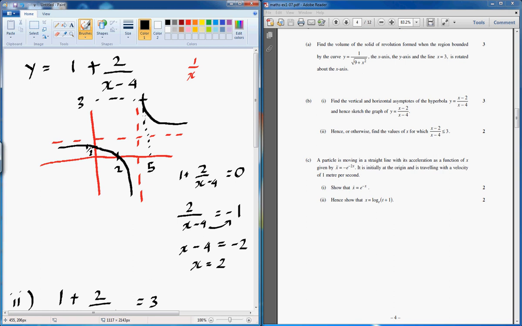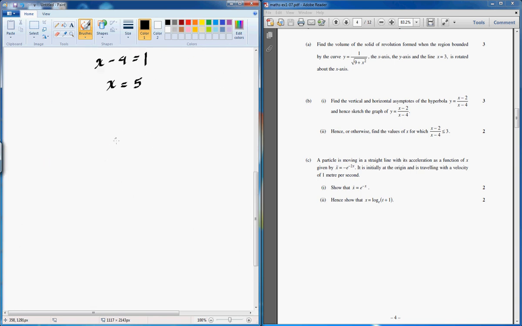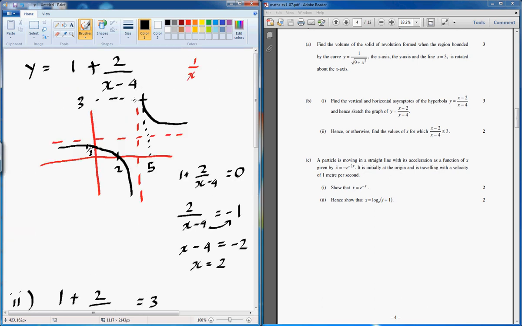So basically, all the points that are greater than 5 and less than 4 is the solution to this question. So again, the question is asking when is y less than 3.